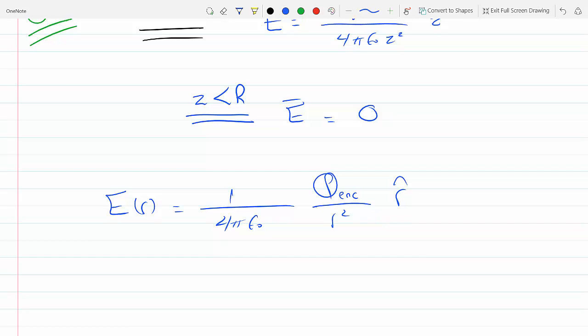So if you're outside the sphere, all the charge is interior.